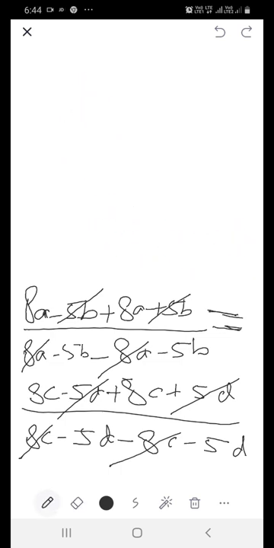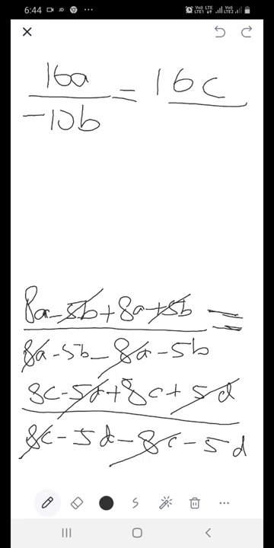You are left with 8a plus 8a, 16a. And in the denominator, minus 5b minus 5b, minus 10b. Same is on the right. You are left with 16c upon minus 10d.